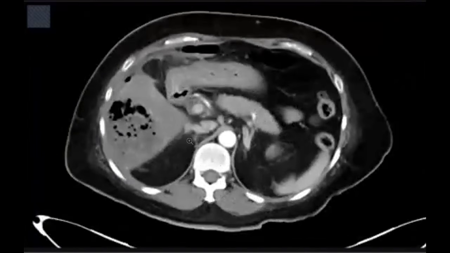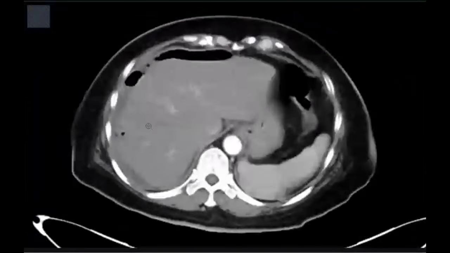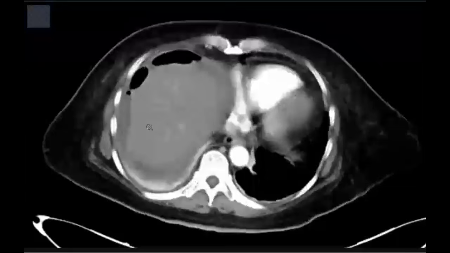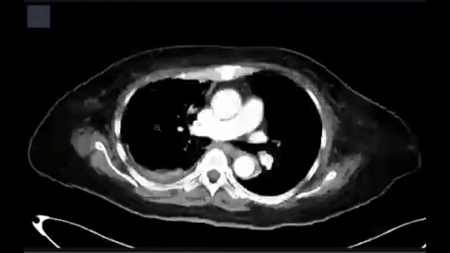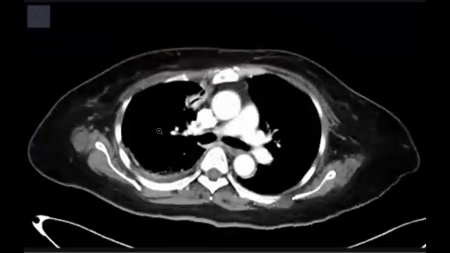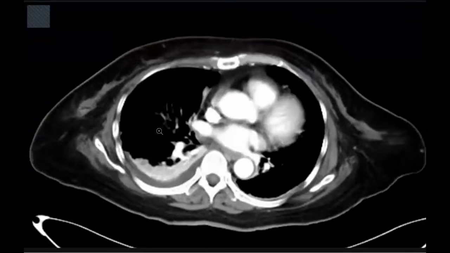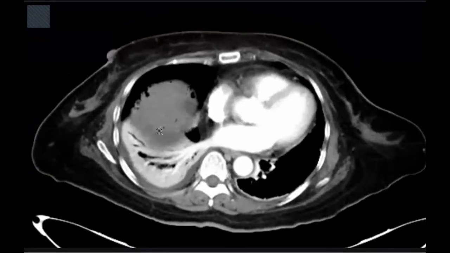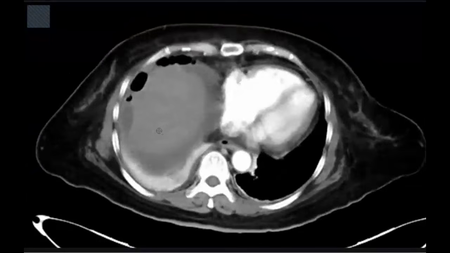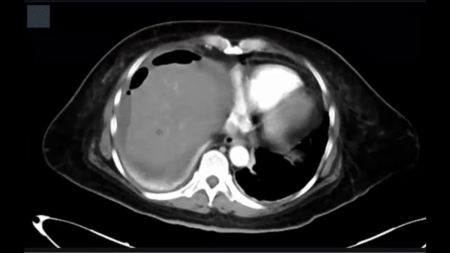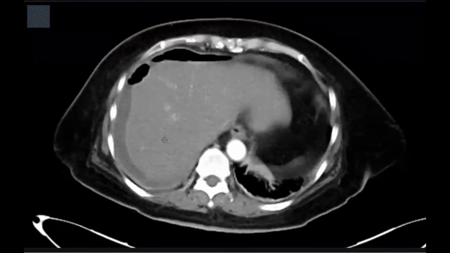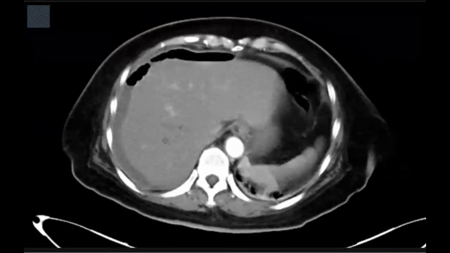Here we are on the post contrast images. There is redemonstration of right basal atelectasis.